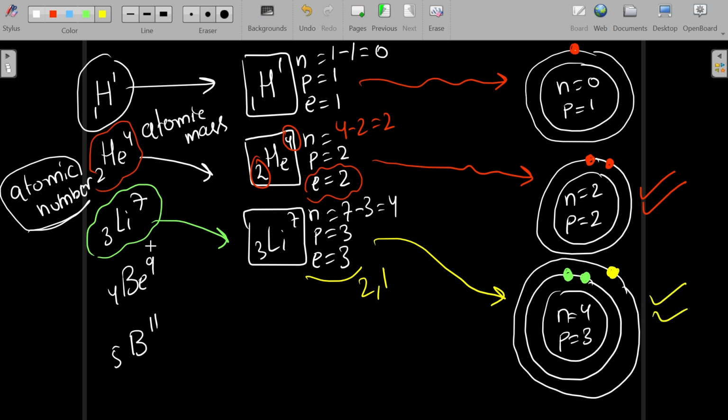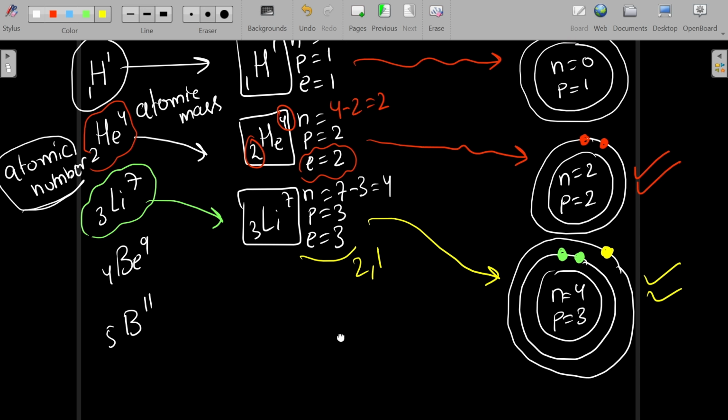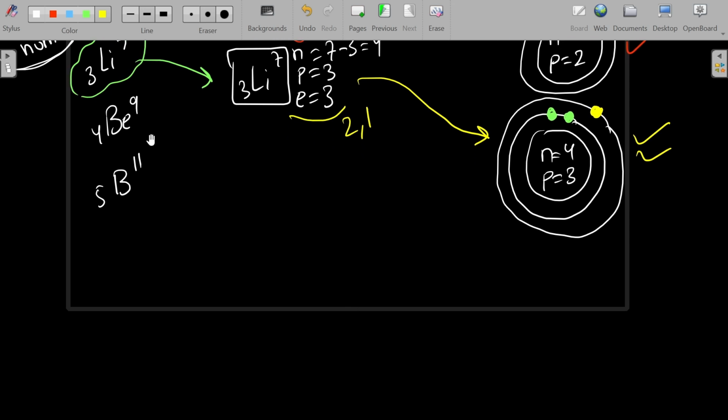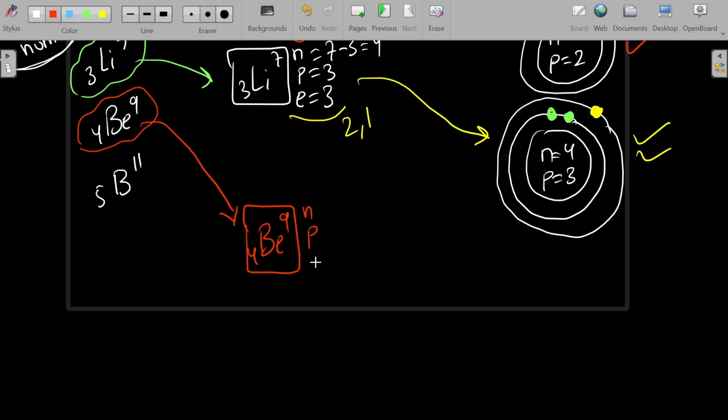Now, let's move on to beryllium and let's quickly solve for beryllium. So for beryllium, we have 9 and 4. So neutrons, protons, and electrons. Then again, the same theory, the same concepts are going to repeat again.